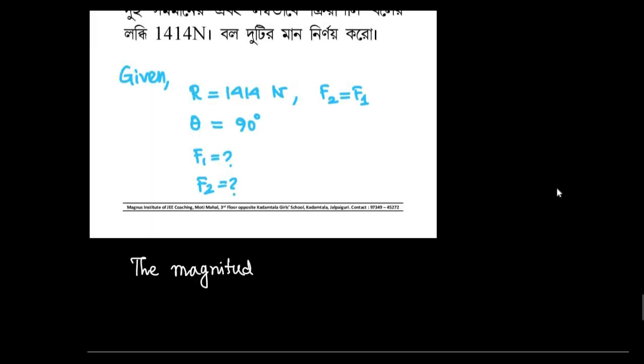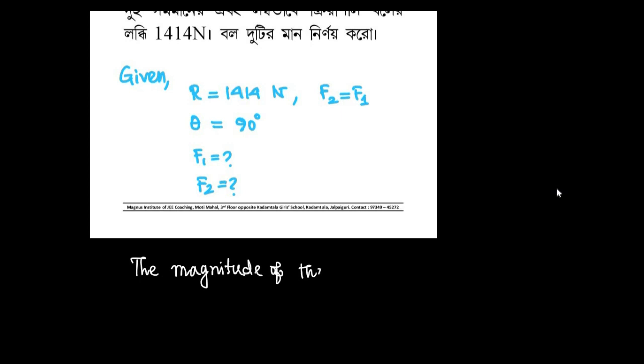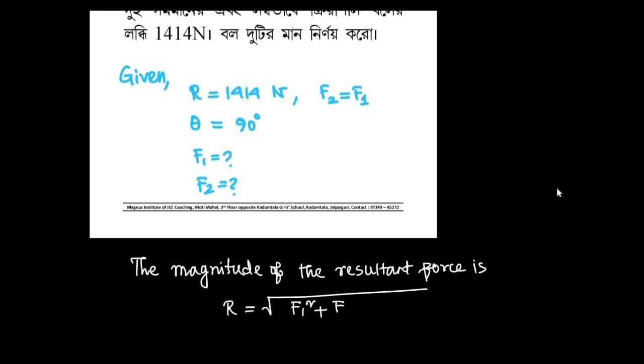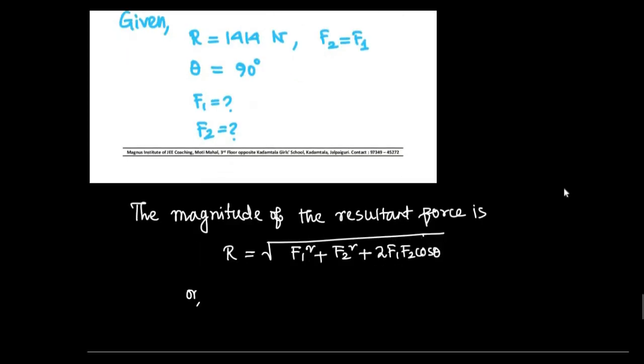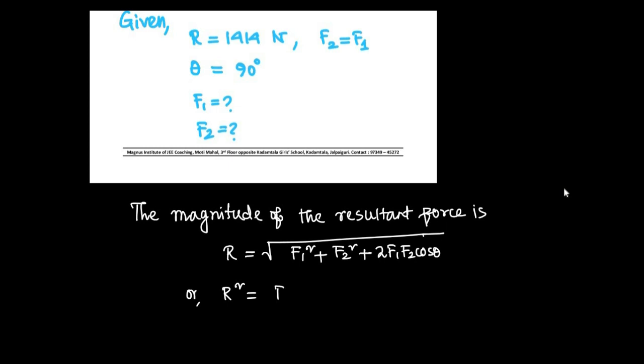The magnitude of the resultant force of the two forces is given by R equal root over F1 square plus F2 square plus 2 F1 F2 cos theta. Or, R square is equal to F1 square plus F2 square plus 2 F1 F2 cos theta.